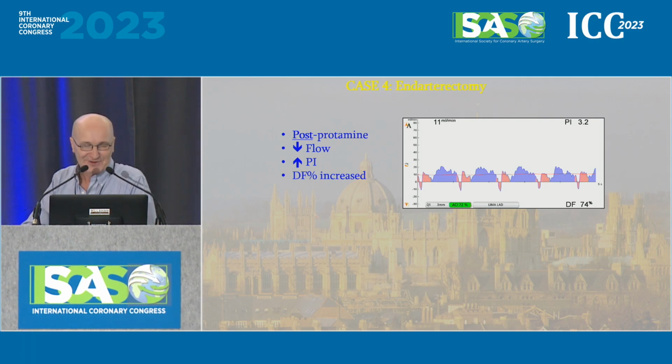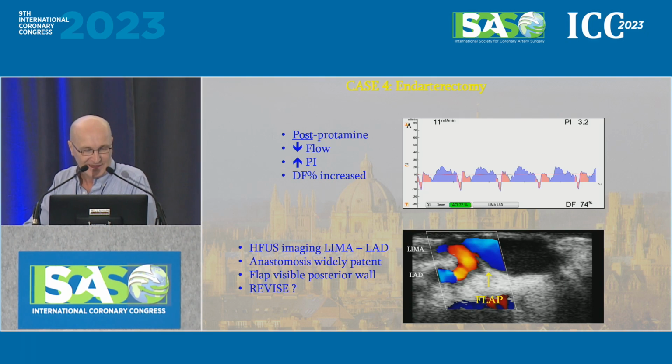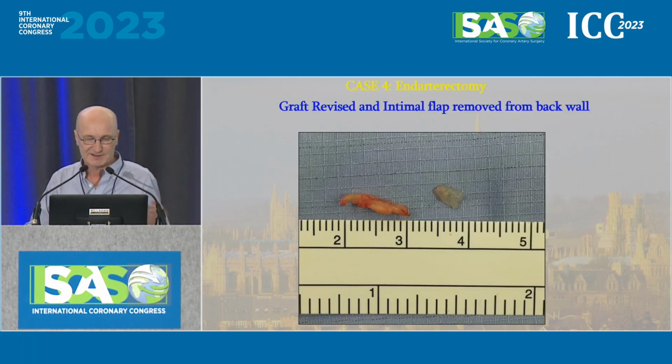Okay, so I looked at this and I thought, here's the high-frequency ultrasound imaging now, and you can see again that the anastomosis is widely patent, but you still see this now disconcerting flap on the posterior wall. And the question is, do we revise? And now even I felt, got to revise this.